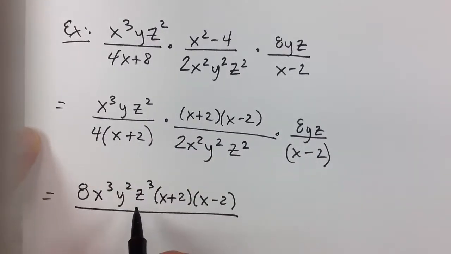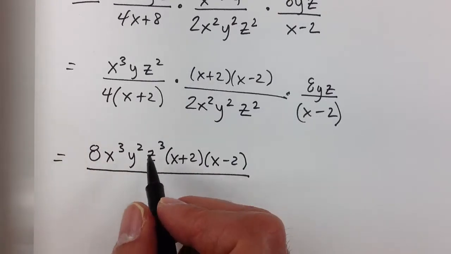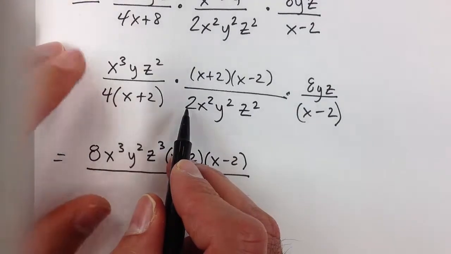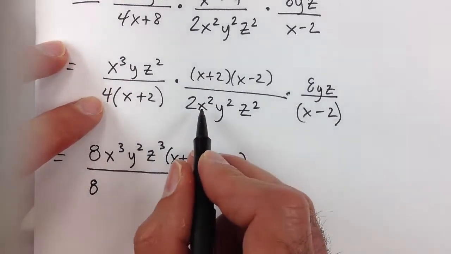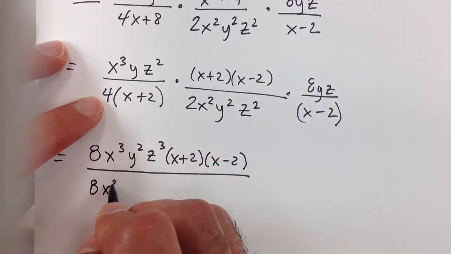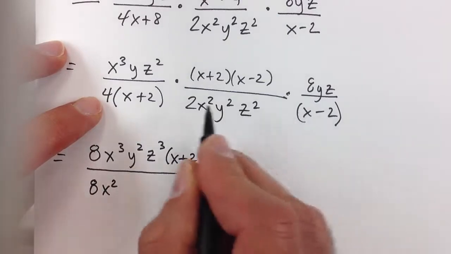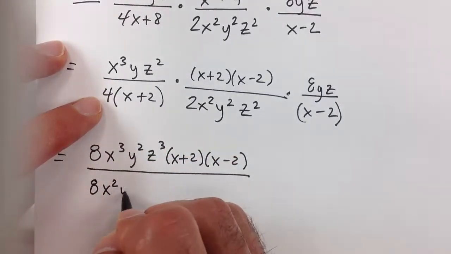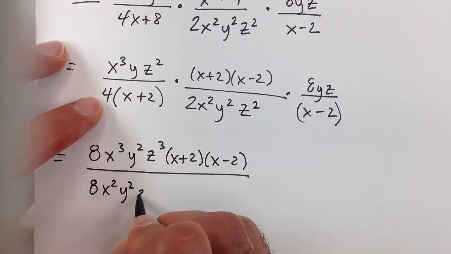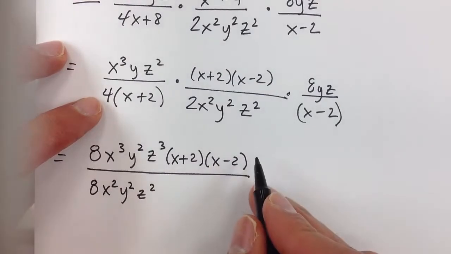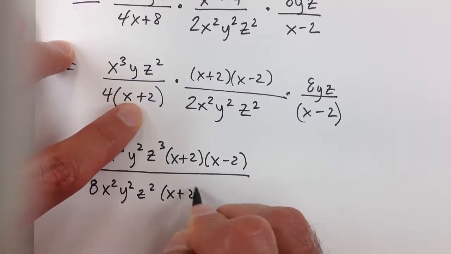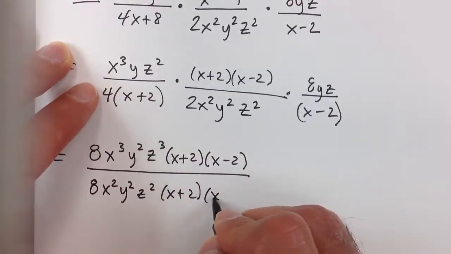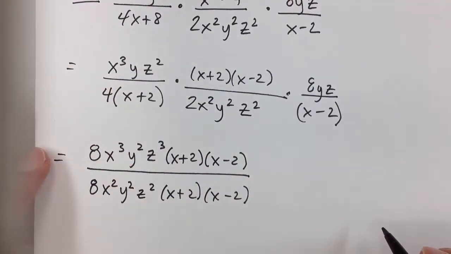Then if we go down below to the denominator, we could again pull the constants in front and say 4 times 2 is really 8. And x squared, y squared, z squared, there are no other factors that will combine with those. So we'll put those in order next, and then we'll put our two binomials: an x plus 2 here and an x minus 2 there.